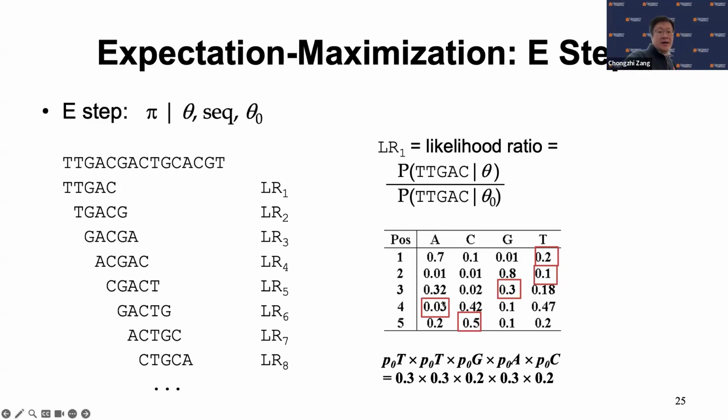We can start with any motif position weight matrix, and for every position we calculate the likelihood ratio, which is the motif matching score of how well the actual sequence matches the position weight matrix, following the same approach I mentioned in the motif matching score calculation.